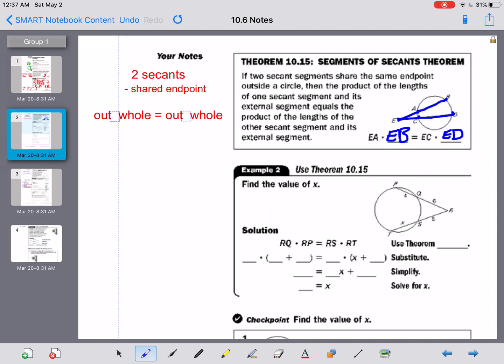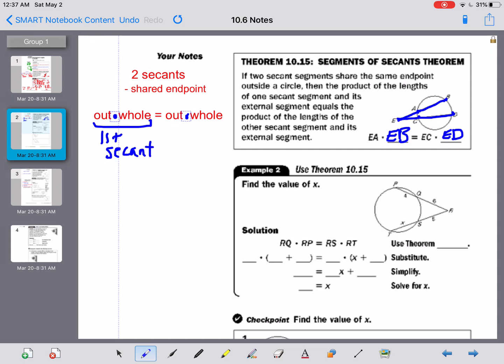What am I trying to plug in? What are these theorems actually trying to tell me? So on this one, I put this note: I want to do out times whole equals out times whole. And of course, this out and whole go to the first secant. And really, it doesn't matter which one's the first, which one's the second, just choose one.